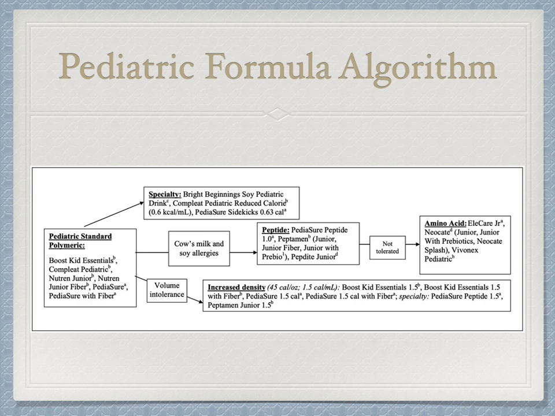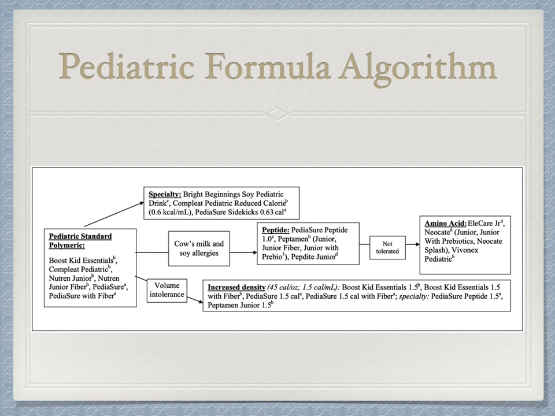So that's something new. Then moving on to the amino acid based formulas, you have Elecare Jr., Neocate, and Vivonex Pediatric. Next, we move into the increased density formulas, which might be appropriate if the child has some fluid issues. You have all of the basic formulas with their 1.5 cal equivalents, Pediasure, the Boost Kid Essentials. Nutrin Jr. does not make a 1.5 cal product, so we will use the Boost Kid Essentials instead of that.